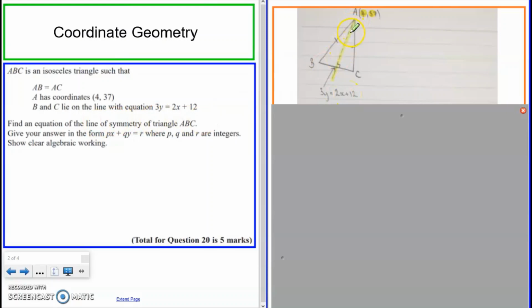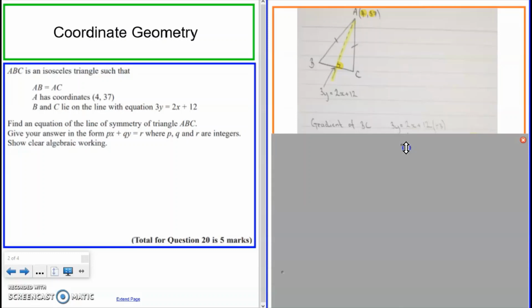So if we're asked to find this highlighted line of symmetry, that's telling me that this must be a right angle. Because of the isosceles nature of the triangle, this line I've highlighted is actually the perpendicular bisector of BC. So the first thing I'm going to do is work out the gradient of the line BC.